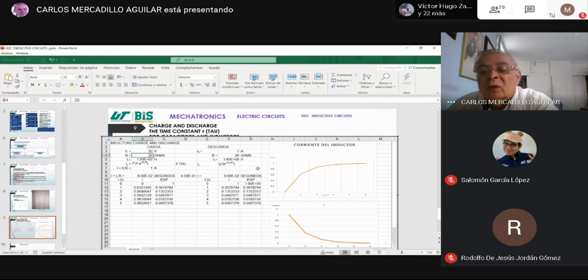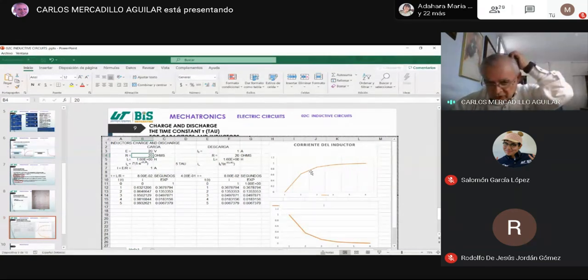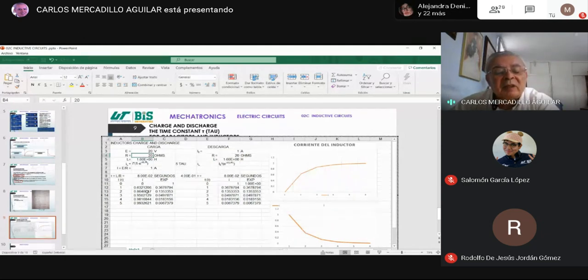They give you 1 amp is the maximum. Okay, so you can change with this. This is an actual file. I have implemented here the table for the several values of tau. I put this intermediate result, which is just the exponent value. Actually, perhaps it is not necessary, but for didactical purposes, I put it here.